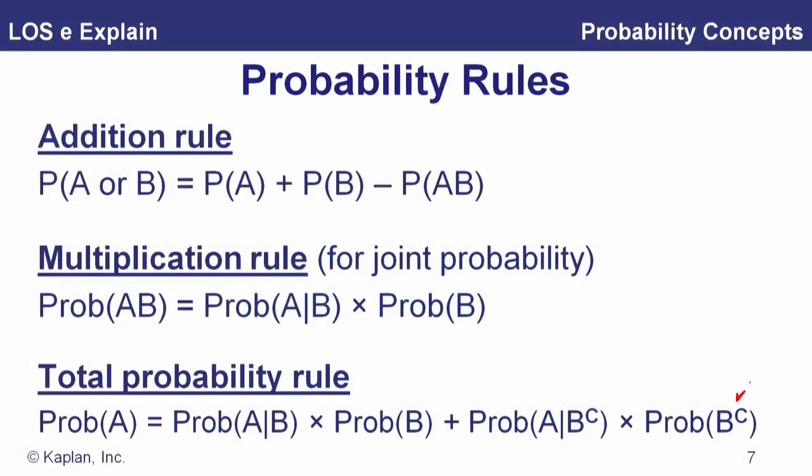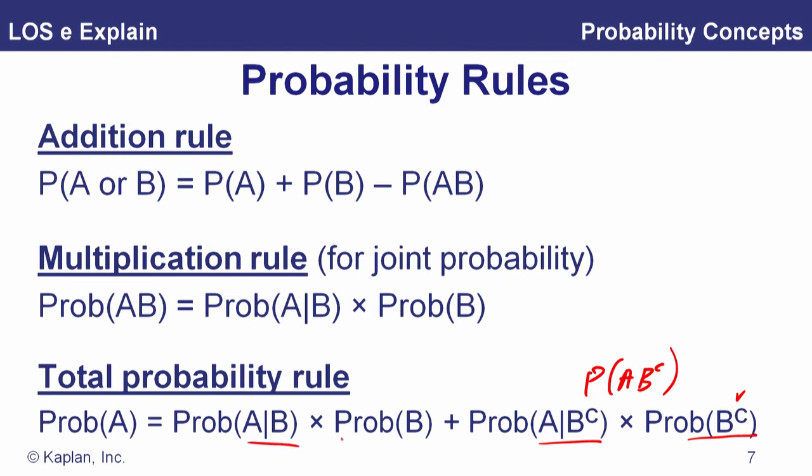So we can come up with the unconditional probability of A happening by saying, well, what's the probability of A and B, and add that to the probability of A and not B. Because what we're using here is the multiplication rule. So we've got the probability of A given not B, and so that gives us the probability of A and not B, that joint probability.